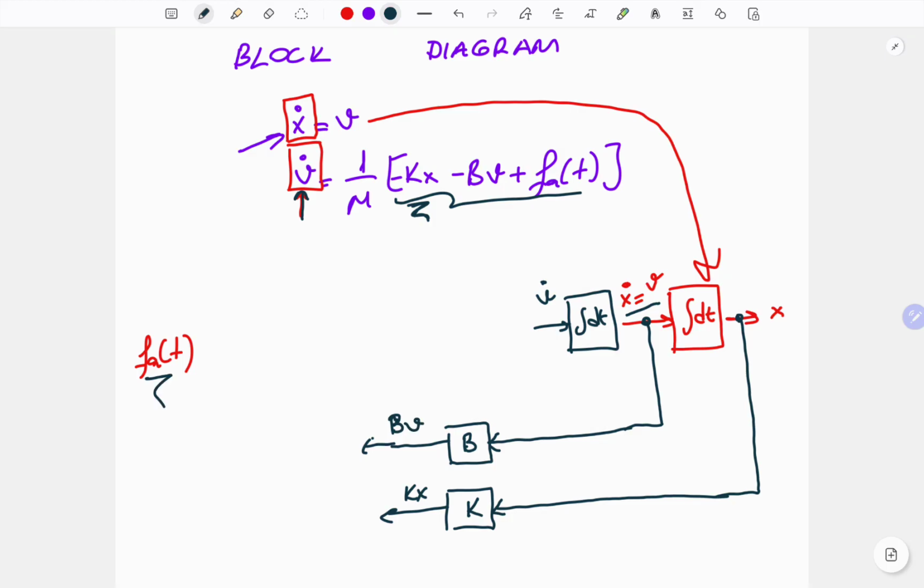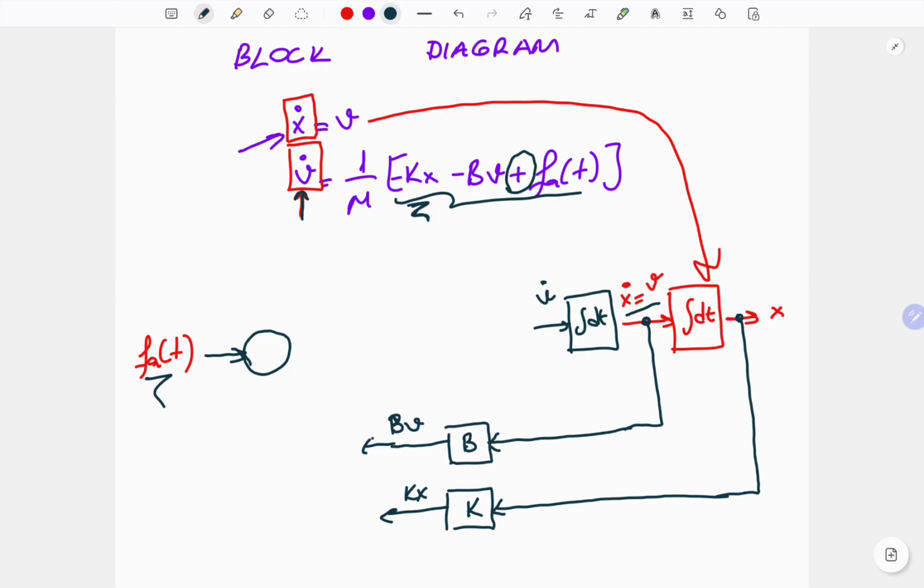And also we have fa here, which is used inside the parenthesis of the v dot equation. So let's use a summing junction and obtain the parenthesis of v dot. First of all, we have fa, and the signs are important.